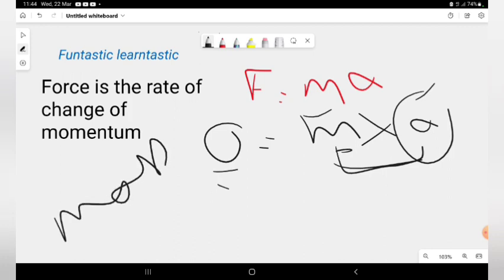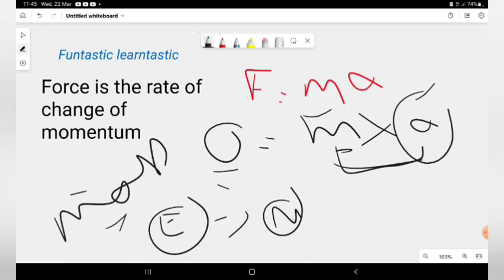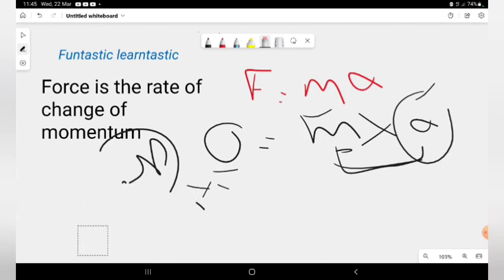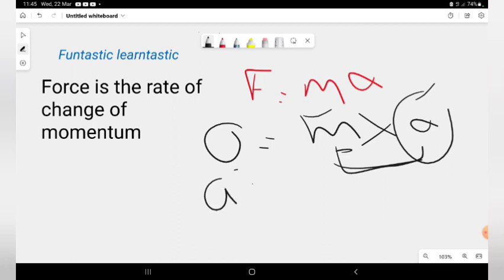Mass cannot change in the entire universe. If you are on earth, if you are on moon, the mass will never change, it will always remain constant, right? So mass cannot be 0. So what does this prove? That acceleration is equal to 0. And acceleration being 0 means the first law of Newton is checked.